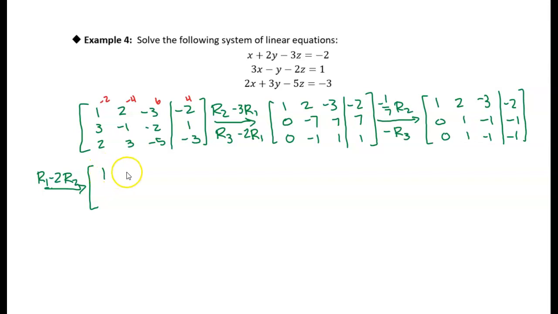And so that gives me 1, 0. See, this is negative 2. So this becomes negative 2. That becomes a 2. So this becomes a minus 1. And then this becomes negative 2. So this becomes a 0, right? 0. Okay. I'm going to leave the second row as it is. So 0, 1, negative 1, negative 1.